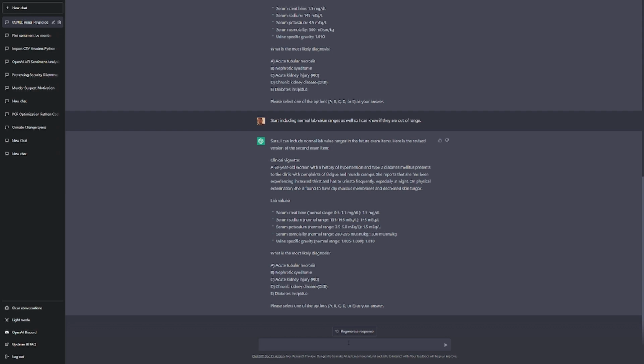60-year-old woman with a history of hypertension and type 2 diabetes mellitus presents to the clinic with complaints of fatigue and muscle cramps. She reports that she has been experiencing increased thirst and has to urinate frequently, especially at night. On physical examination, she's found to have dry mucous membranes and increased skin turgor.